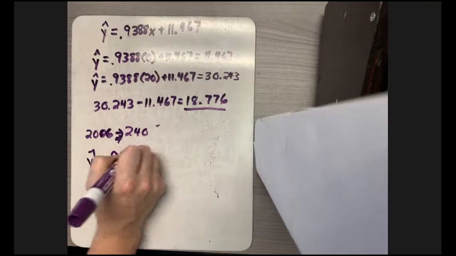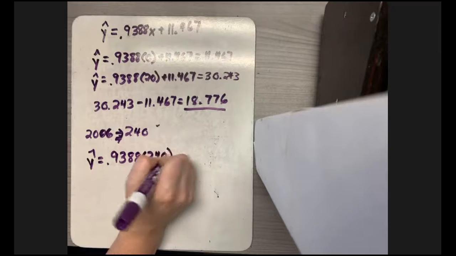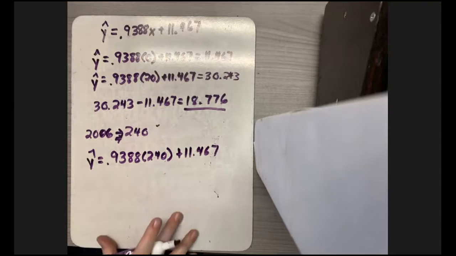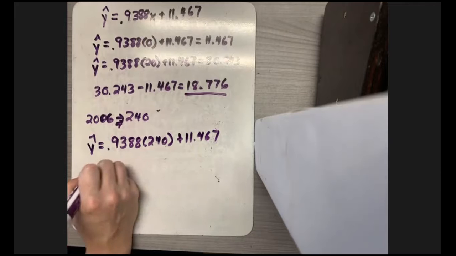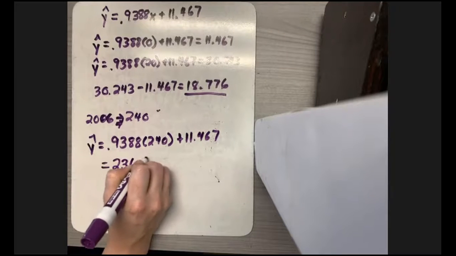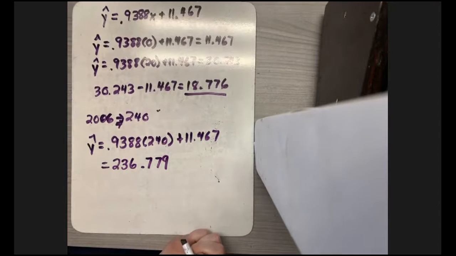So I've got 0.9388 times 240 plus our 11.467. And when we calculate that up, we get 236.779. So we would anticipate that their budget in 2012 would have been $236.779 million.